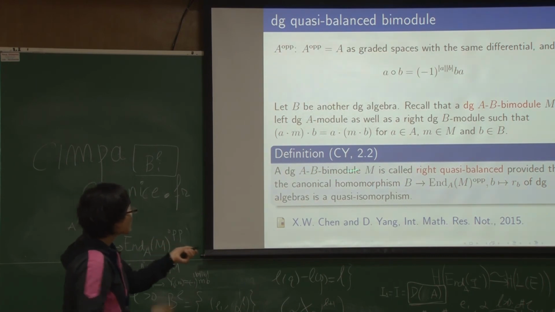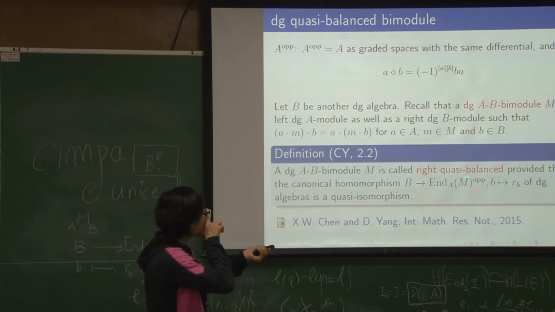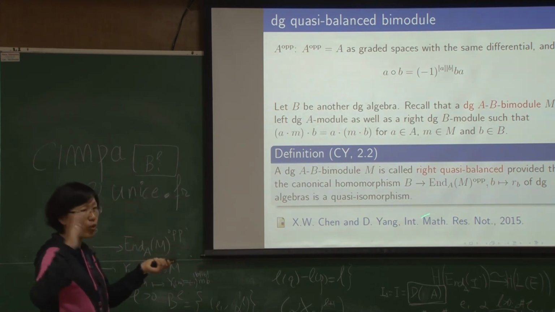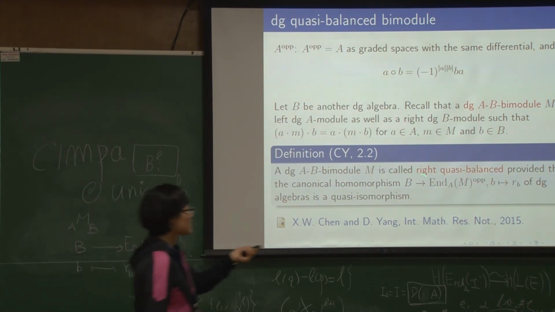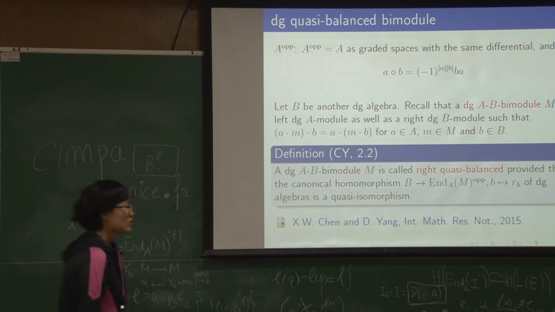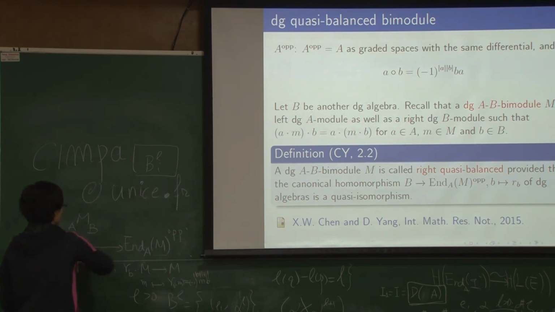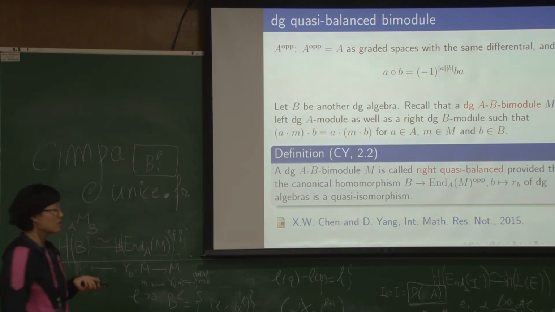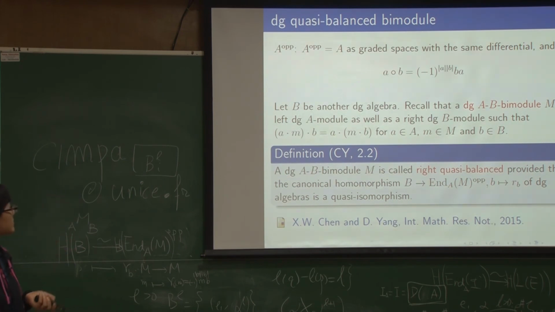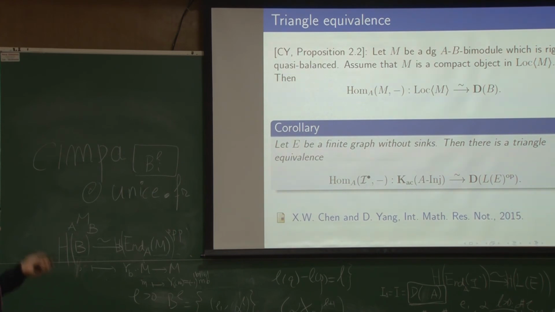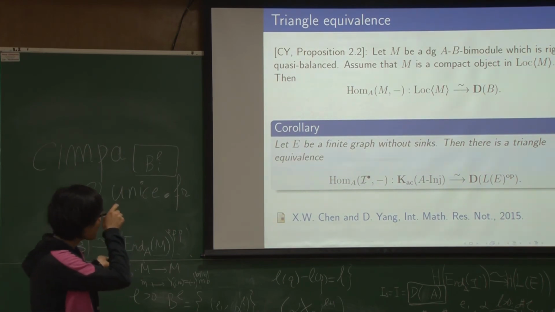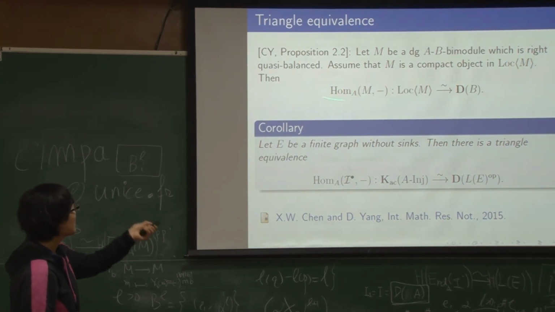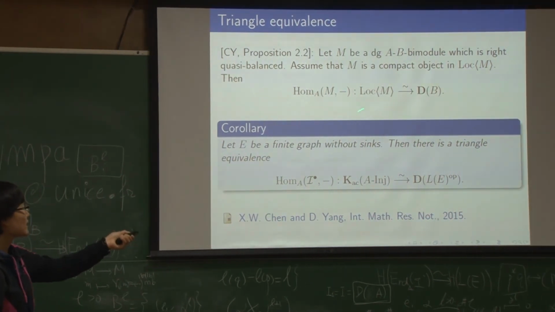If a bimodule M satisfies that this homomorphism is a quasi-isomorphism, then we call it quasi-balanced. That means if we take the cohomology groups, we have the induced isomorphism. Inspired by that, we have that definition, and then we observe this result.